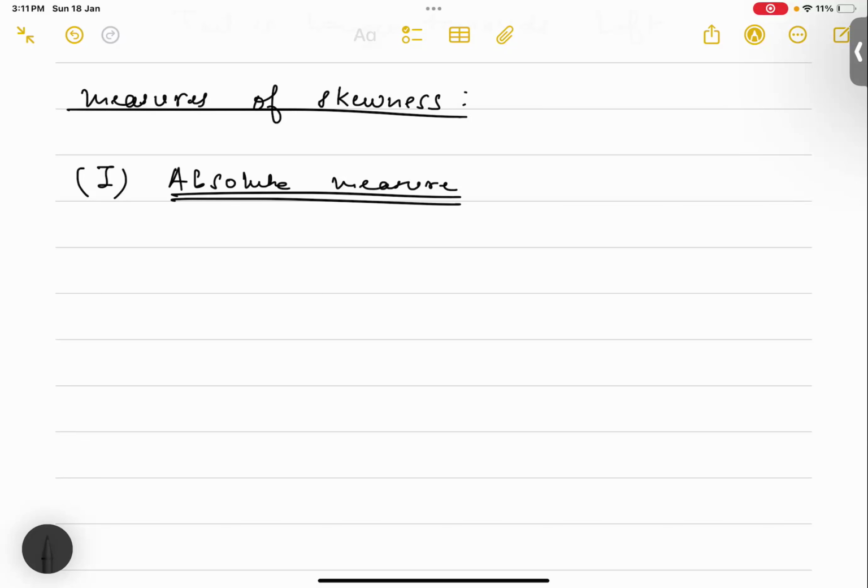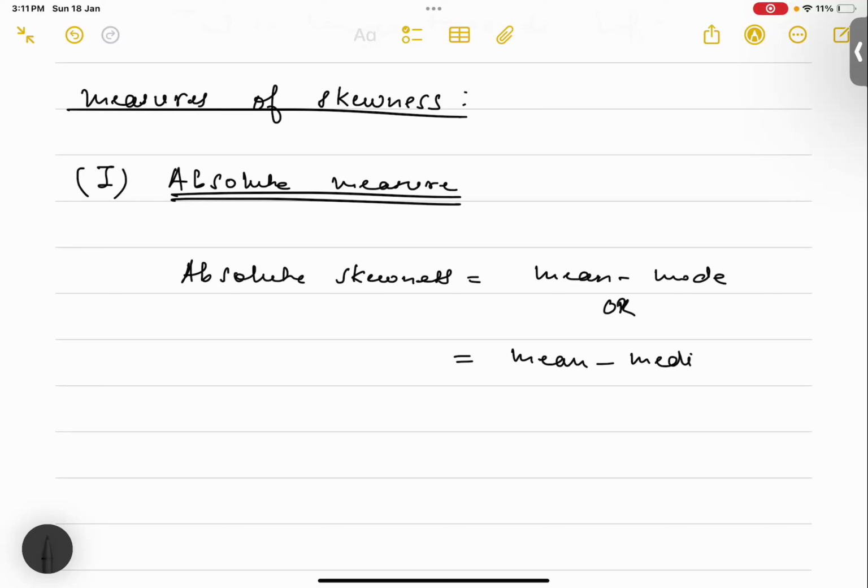So absolute skewness is equal to mean minus mode, or mean minus median. Copy this. It can be both.